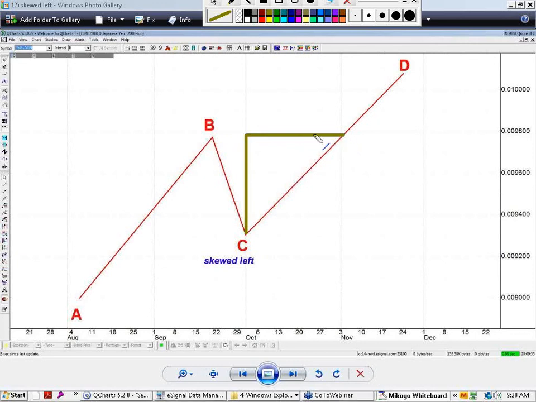But the key is: is this vertical bar closer to the pivot high that is B, or the actual bar that makes it above B? Well, why is that important? If it's closer to B, it's skewed to the left. If it's closer to this bar that broke through and above B by one tick, it's skewed to the right.